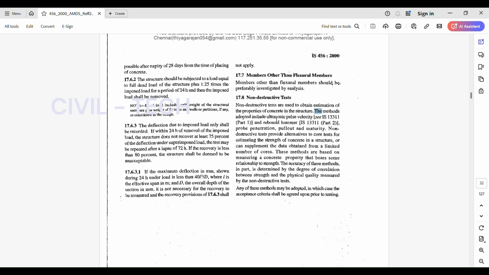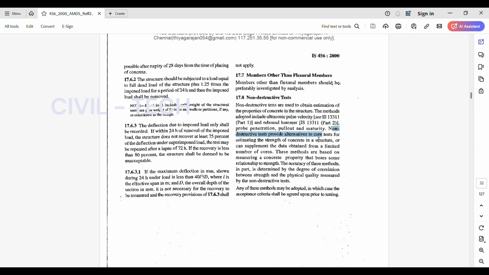The methods adopted include ultrasonic pulse velocity and rebound hammer, probe penetration, pull out and maturity. These are the testers available for non-destructive testing, and the most commonly used are ultrasonic pulse velocity and rebound hammer tests.